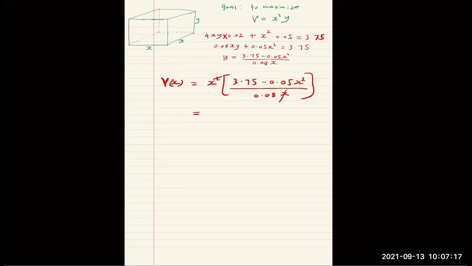So your answer would be x times (3.75 minus 0.05x squared). That's it. If you want, you can distribute this x: 3.75x minus 0.05x to the power 3. Oh, don't forget your 0.08 in the bottom, okay?